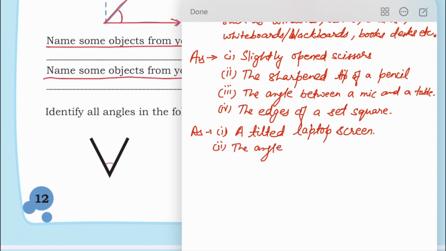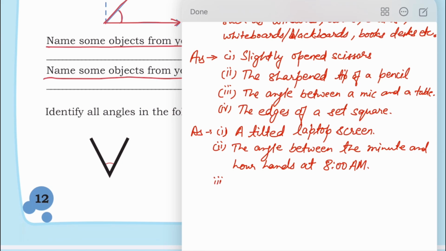The angle between the minute and hour hands at 8 a.m. An open notebook. A reclining chair.